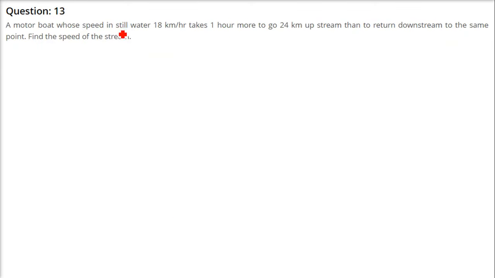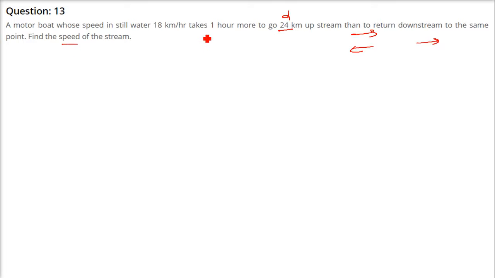A motorboat whose speed in still water is 18 km an hour takes 1 hour more to go 24 km upstream than to return downstream to the same point. So now the distance is again the same for both cases.